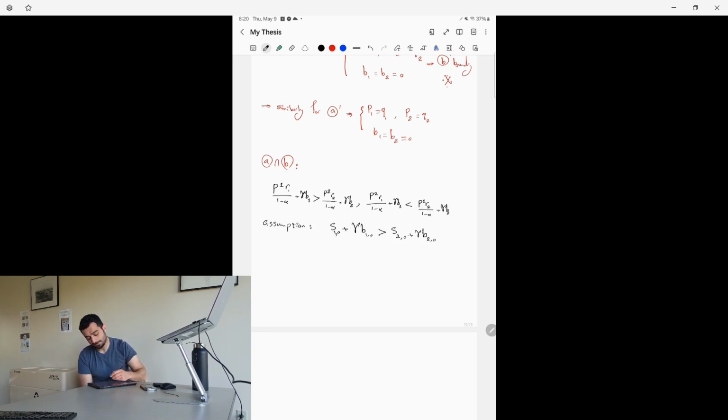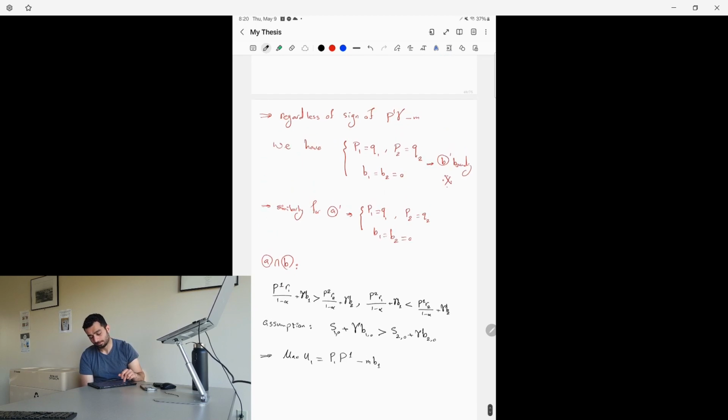Then let's maximize the same utility. Max U1, which is P1, MP1, right?